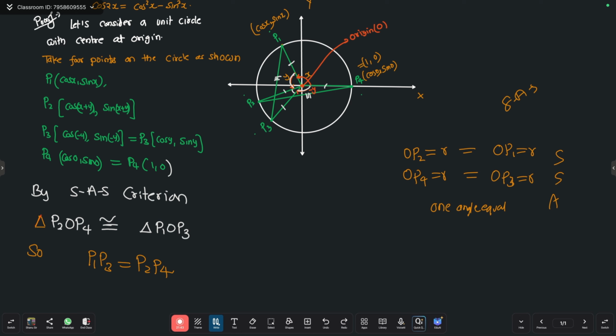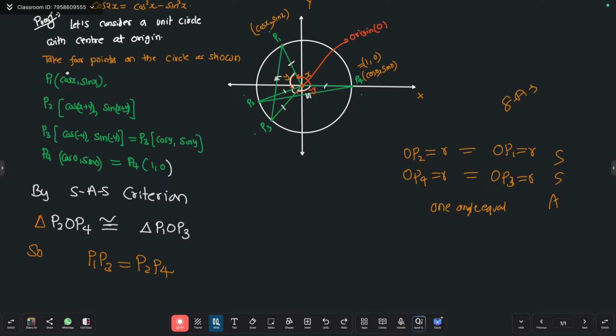Now we can apply the distance formula. How to get the P1 P3 value? This is the P1 coordinate and this is the P3 coordinate. So what is the distance formula? How to get the distance between two points? First coordinate minus second coordinate whole square plus y coordinate difference whole square. So can we write like this?